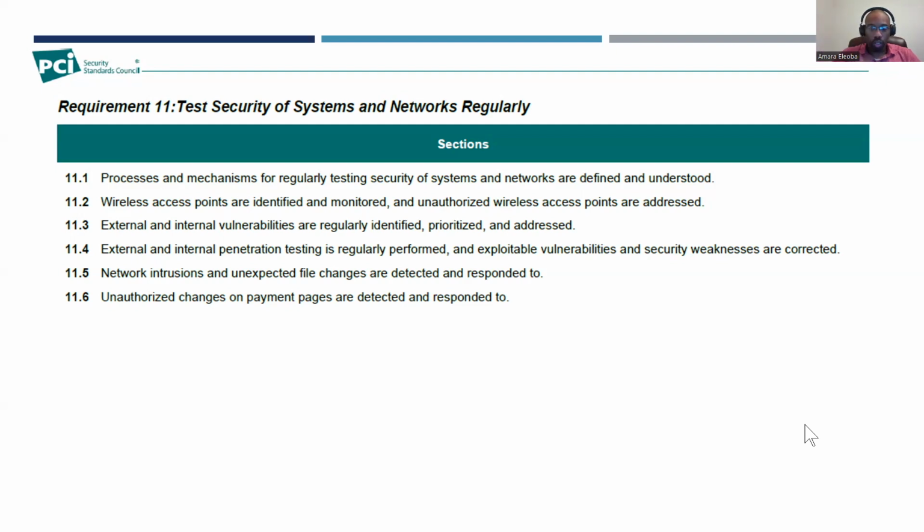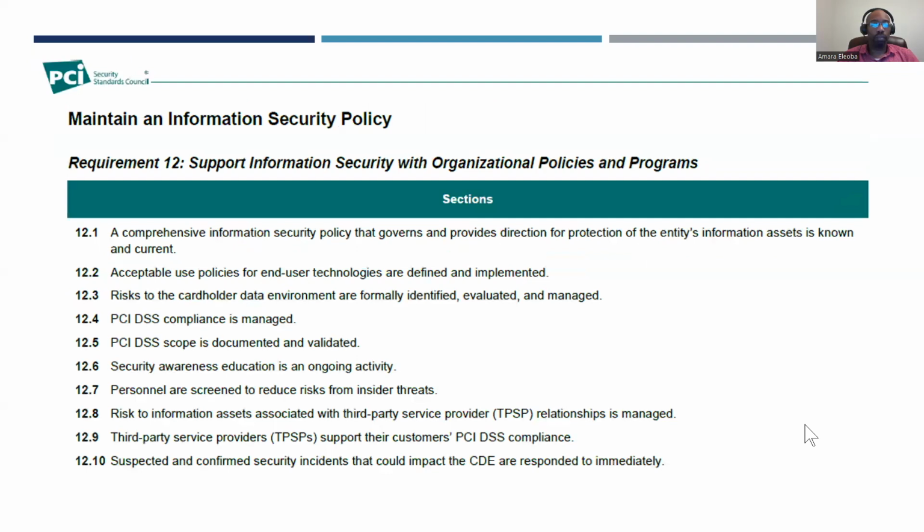So when your customers swipe their card or make payments on your website, they make changes to the code, and the payment is being redirected to somewhere else. So that's why you need to have a control in place to make sure that unauthorized changes to your web payment pages are detected and responded to.